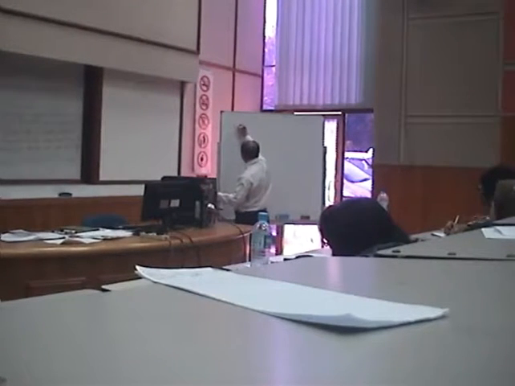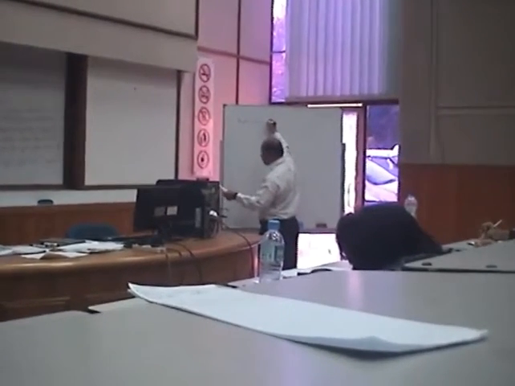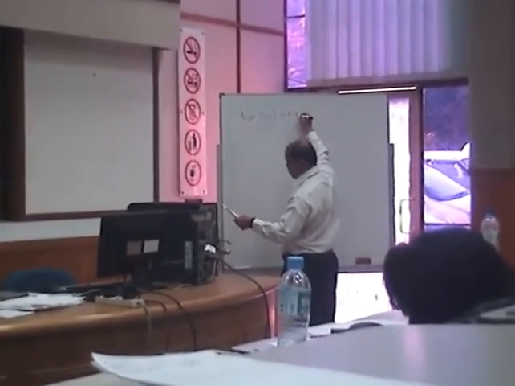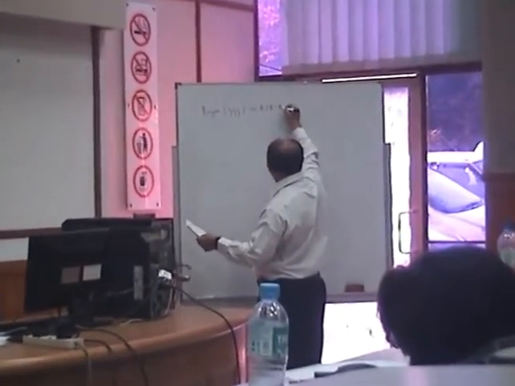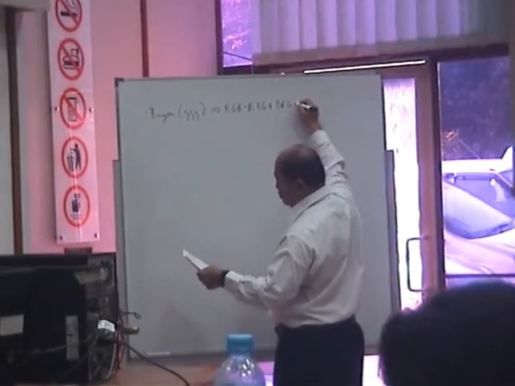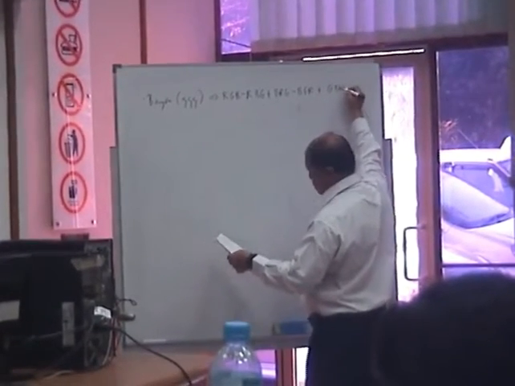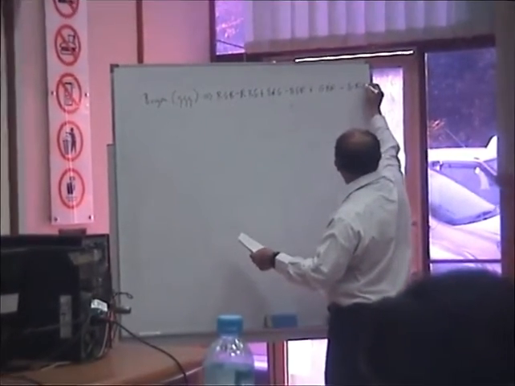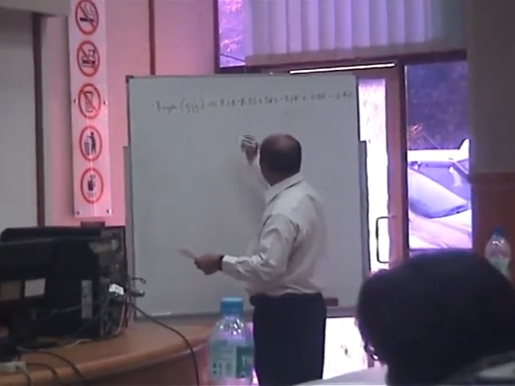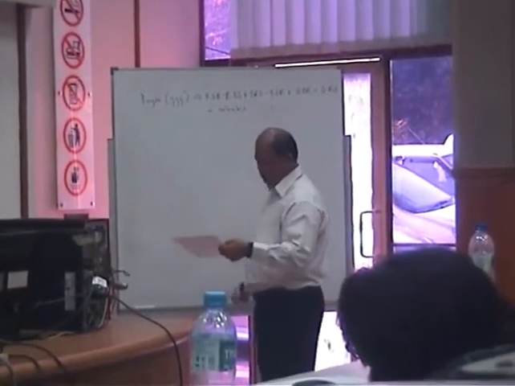For the baryon, which are quarks, you have RGB minus RBG plus BRG minus BGR plus GBR minus GRB. So this combination makes it colorless also.